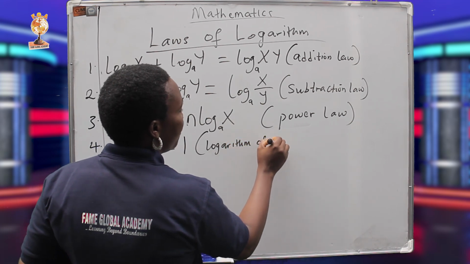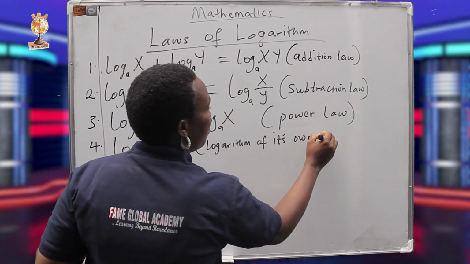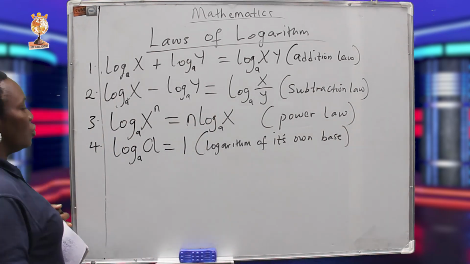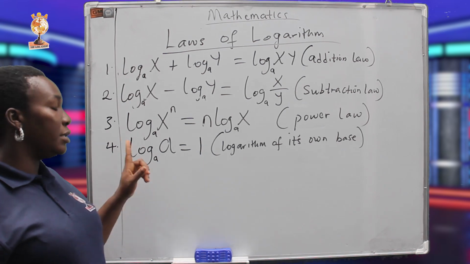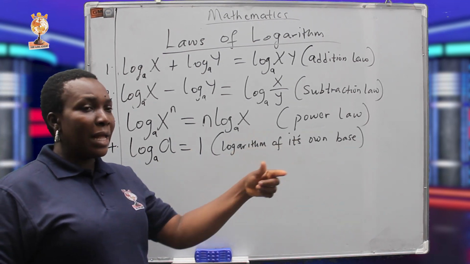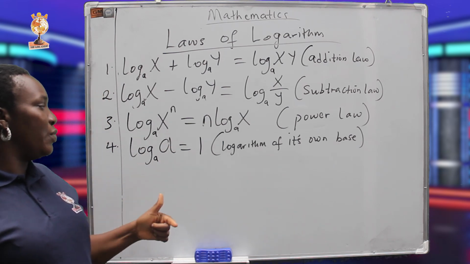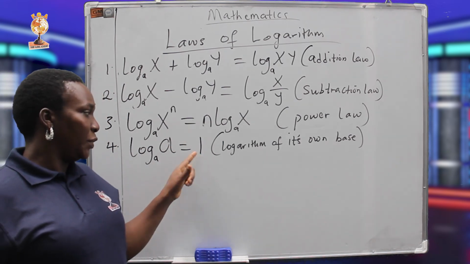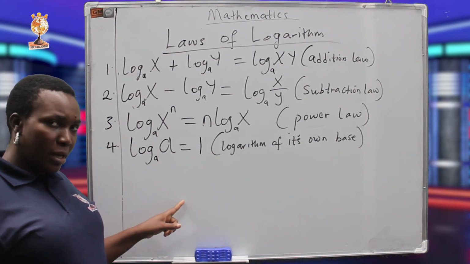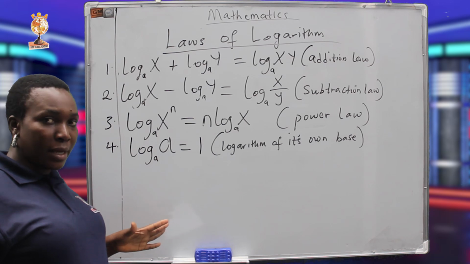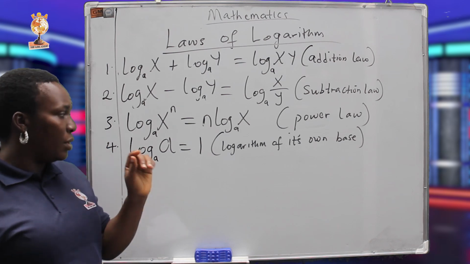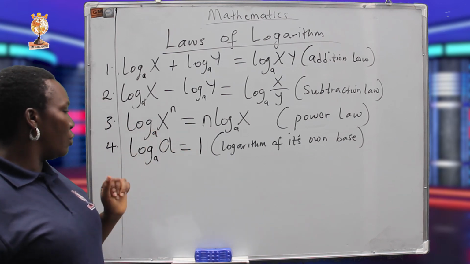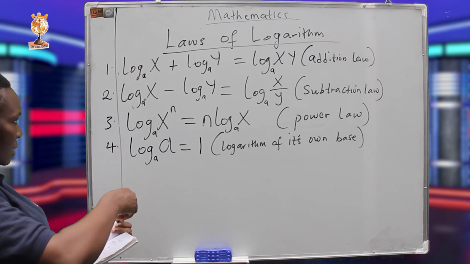Okay, so log a base a is equal to 1. So in our laws of logarithm, number 4 says logarithm of its own base. That is, when a logarithm has the same value as its base, your answer is always 1. So let's assume I have log b base b, the answer will be 1. Log 10 base 10, the answer will be what? 1. So long as the logarithm and its base have the same value, your answer is 1. That's law number 4. Okay, so let's look at law number 5.